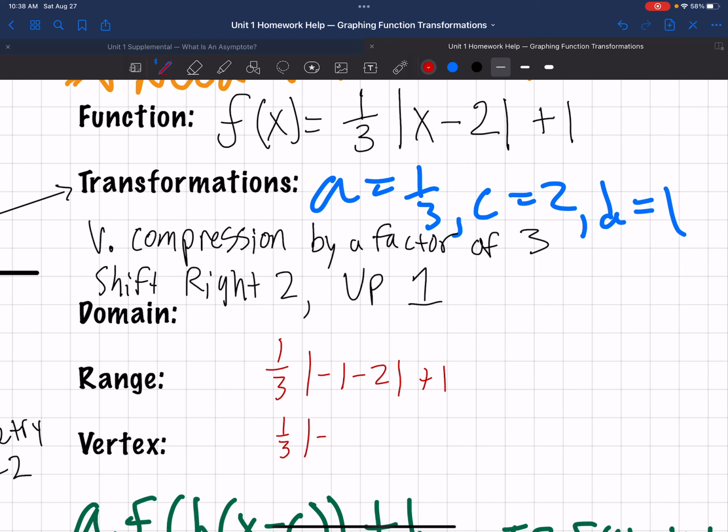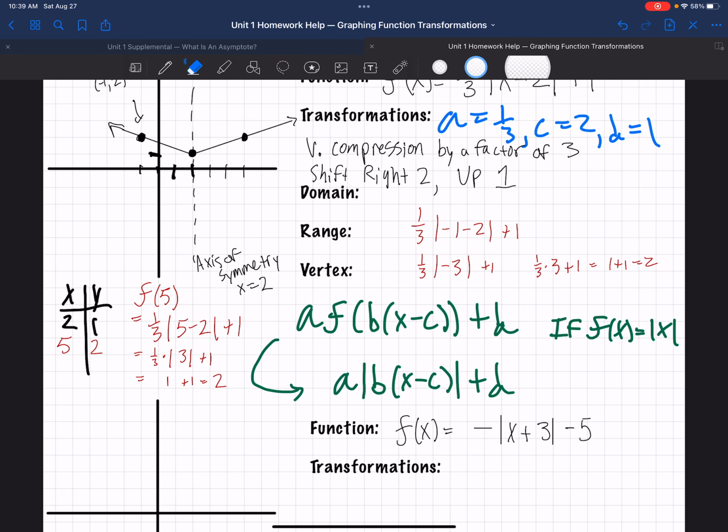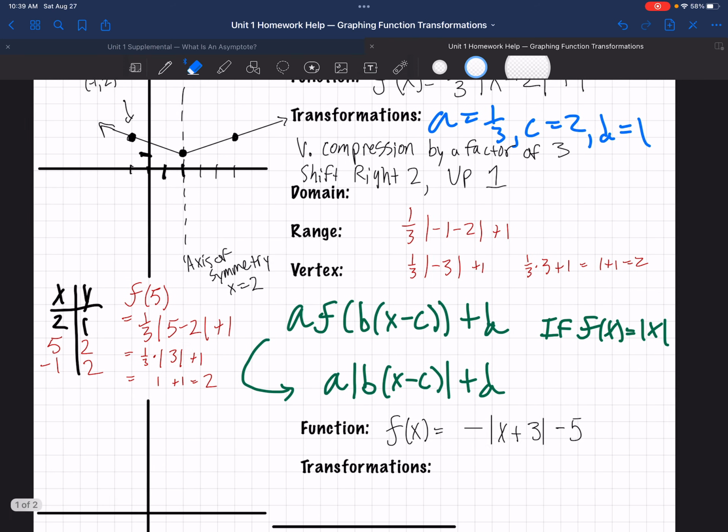So this is 1/3 times absolute value of negative 3, plus 1. Absolute value of negative 3 is 3. So this is 1/3 times 3 plus 1. That's 1 plus 1. That's 2. So by plugging in negative 1, I get that same y value, 2. Okay? All right. Good stuff. And that's how I used symmetry.